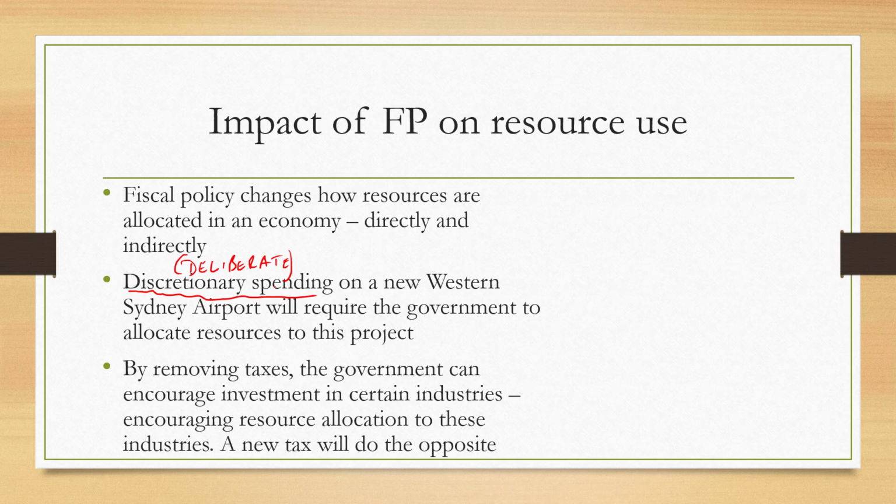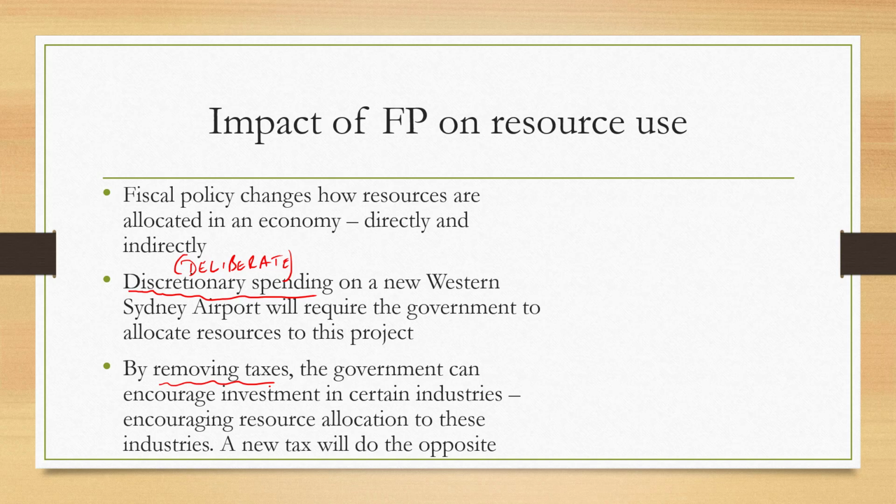The other thing is that if a government, say, removes taxes, or reduces taxes, but removes is a good example. The government can encourage investment in certain industries. So it encourages resources to those industries because it's cheaper to produce in those industries.